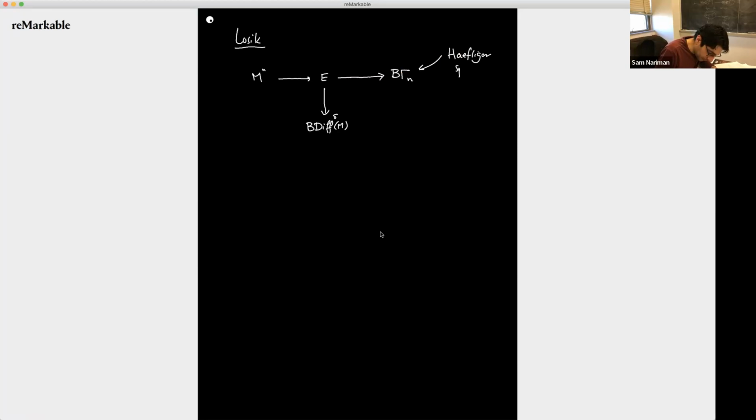Just believe me that there is some classifying space for not codimension n foliations, but singular codimension n foliations, that has all the properties of the characteristic classes. So all the universal characteristic classes already live in B Gamma n. So now, whatever characteristic class you have here, you can pull it back to E, and then you can push it forward to B Diff delta.